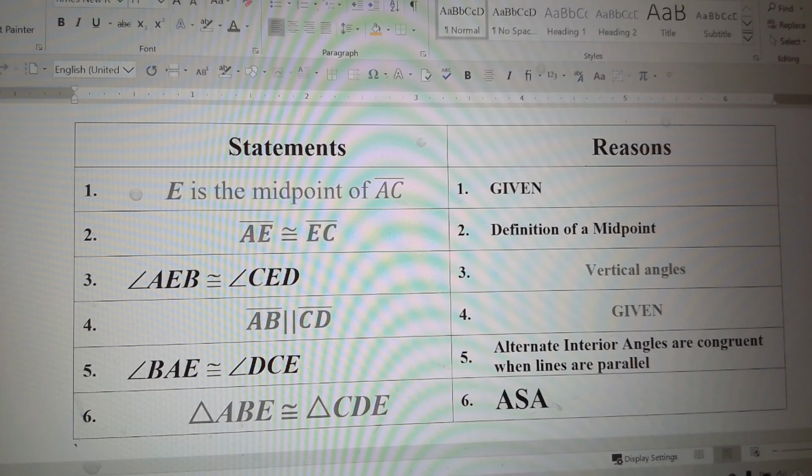So I try to make sure to have everything as organized in the same order as on the flow chart as possible. So all of the arrows are going to lead to one final bubble. That should always be the one that's on the bottom. And the bubbles are the statements, and the reasons are the boxes underneath.